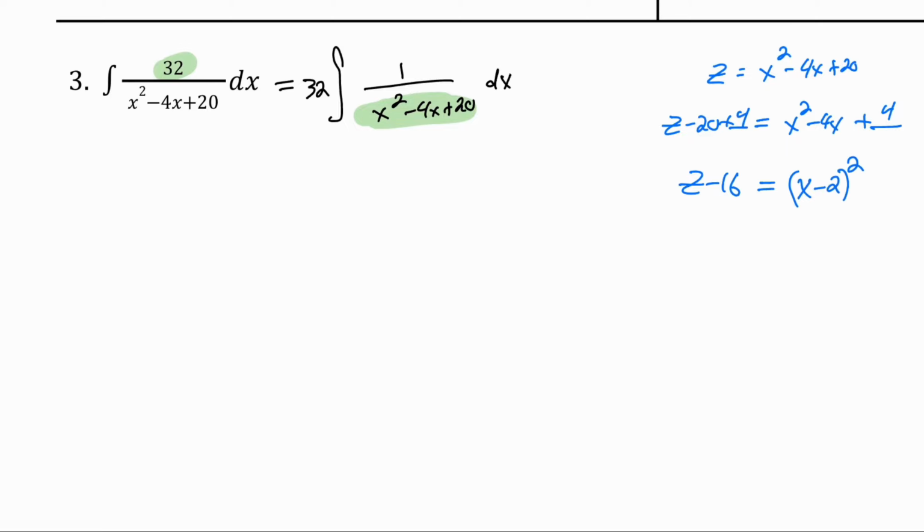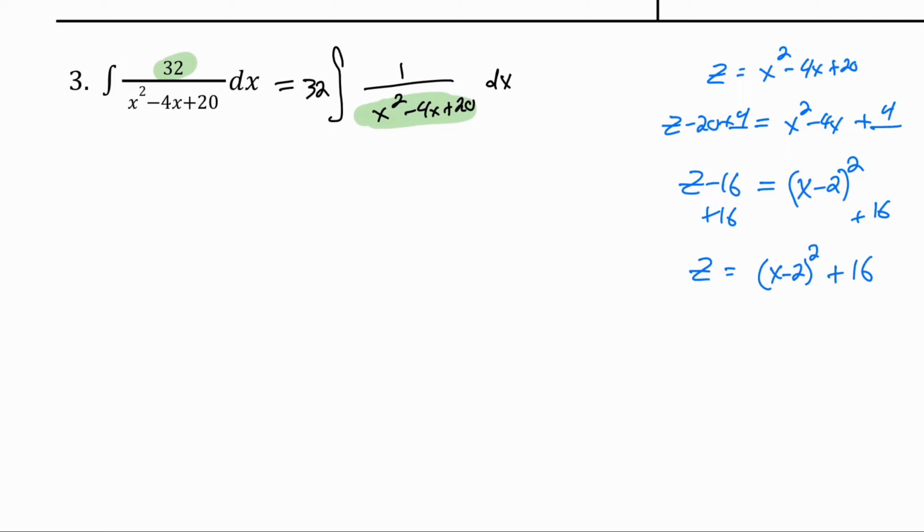Now this is where it gets a little bit tricky. When I add that 16 over, I have my x minus 2 something squared, but I have a plus 16 at the end. For this to be that arctan function we might be looking for, I need this to be plus 1. So we'll do a little bit of factoring to rearrange this.